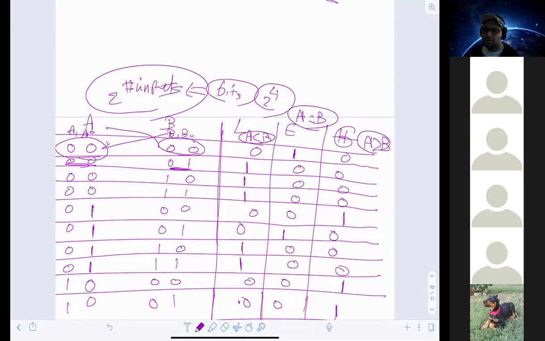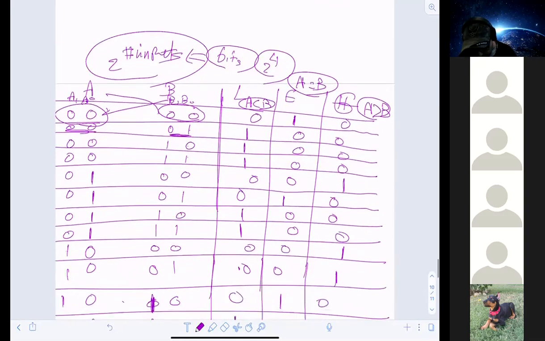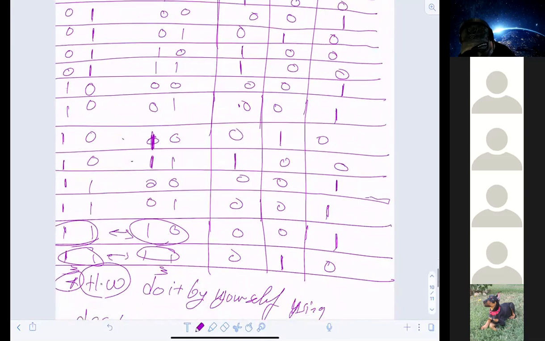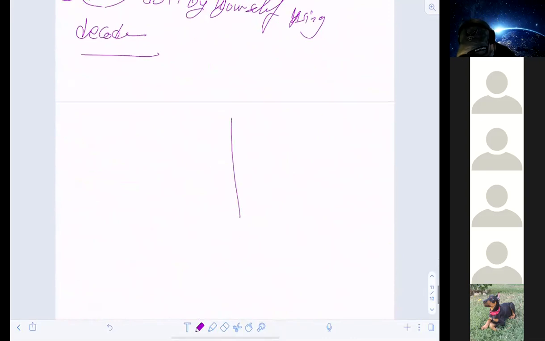If I were to make this into a logic gate implementation, I'm going to use the K-map, right? Because look, here is 1, 1, 1, 1, 1. Do you agree? So we have to put it in the K-map. Yeah, let's do the K-map. Wait, we will make the K-map for it.